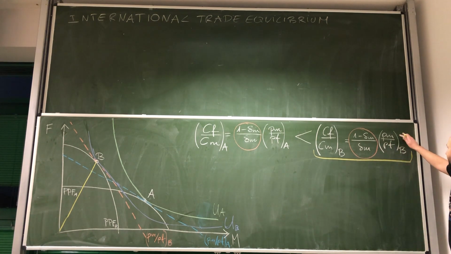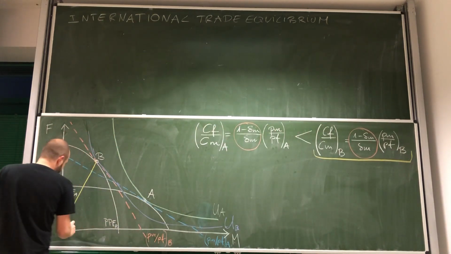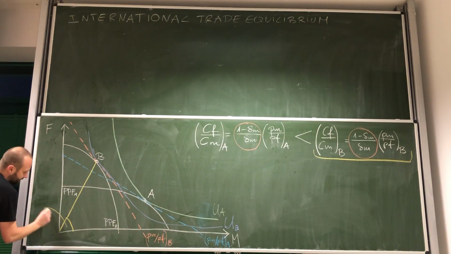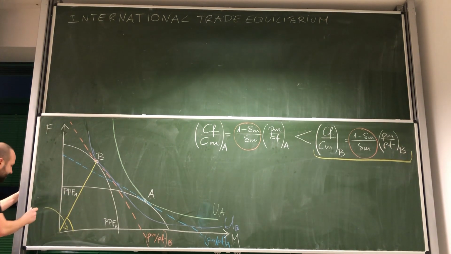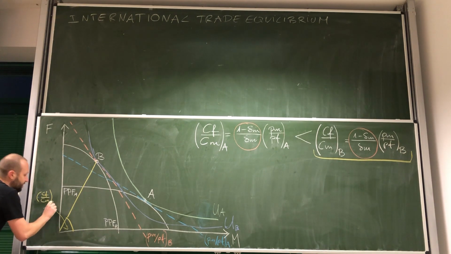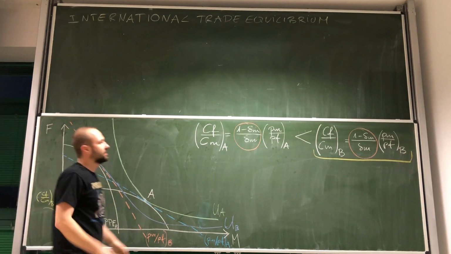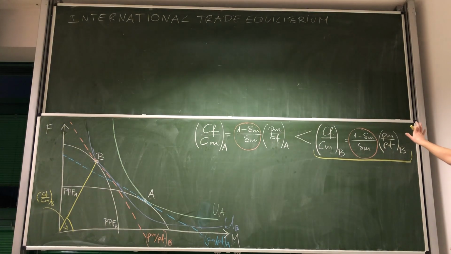So, knowing the prices, we can establish this ratio. Generally speaking, we can say that the slope of this line is associated with the ratio CF to CM in Bolivia, which again is a result of a certain relative price in Bolivia.